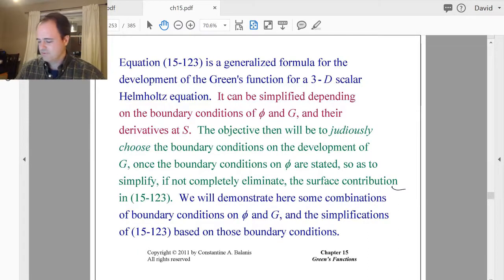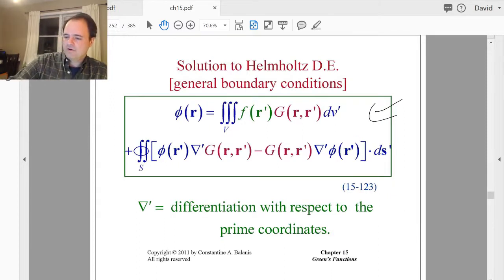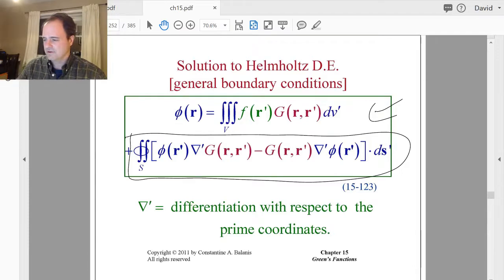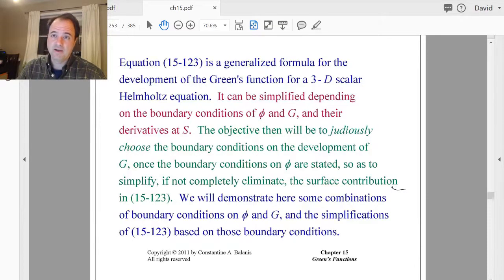So quite often we go to lengths to try to figure out how to eliminate this second term, or at a minimum, minimize it.